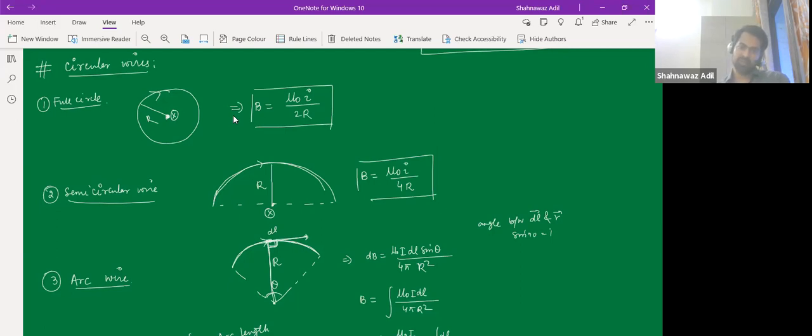Then we'll do some questions based on that. Remember, we are calculating all these magnetic fields at the center, right?